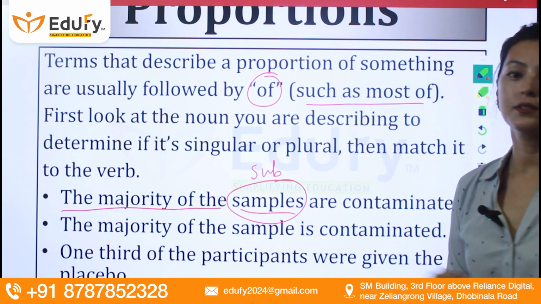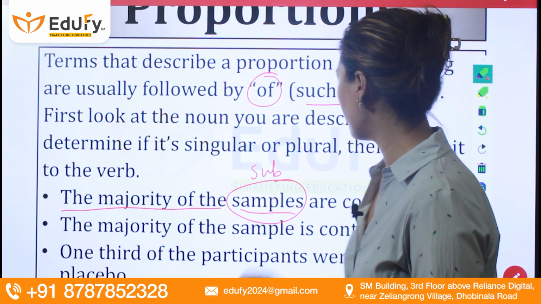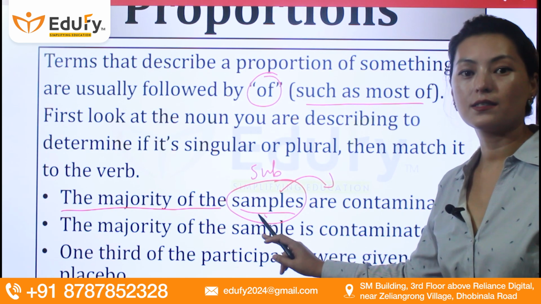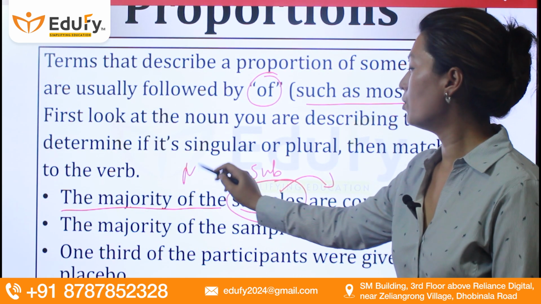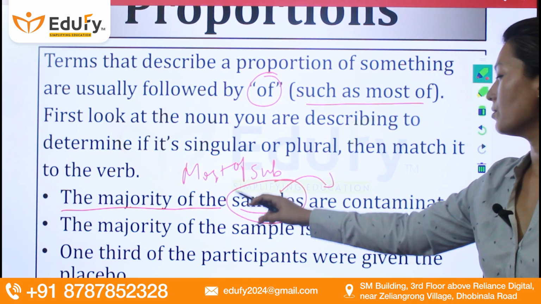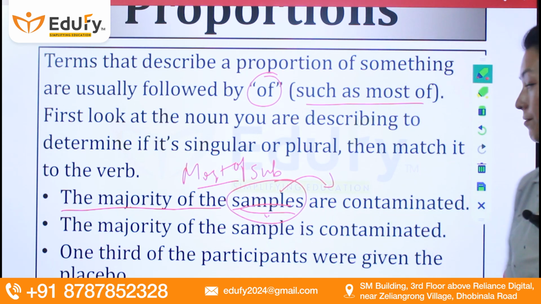So therefore, samples becomes the subject here. When I say the majority of the samples, I will base it on the subject samples and not on this one. So if I have most of the, again, I will refer to the subject rather than the proportion itself.